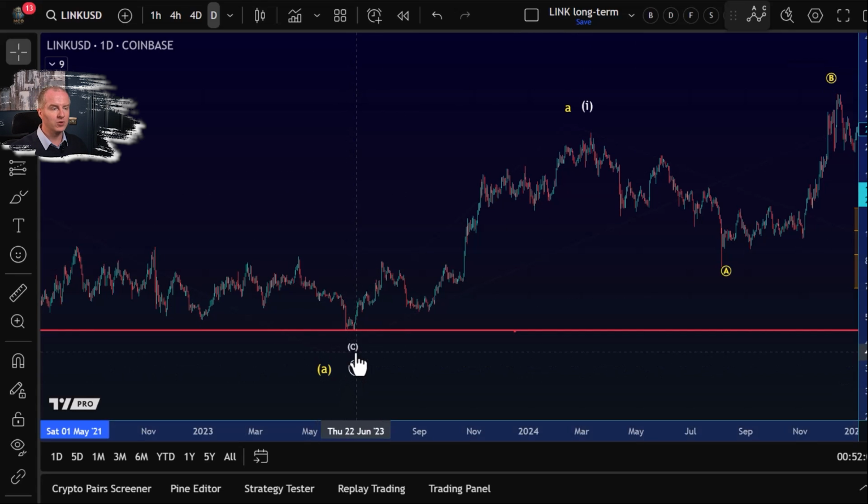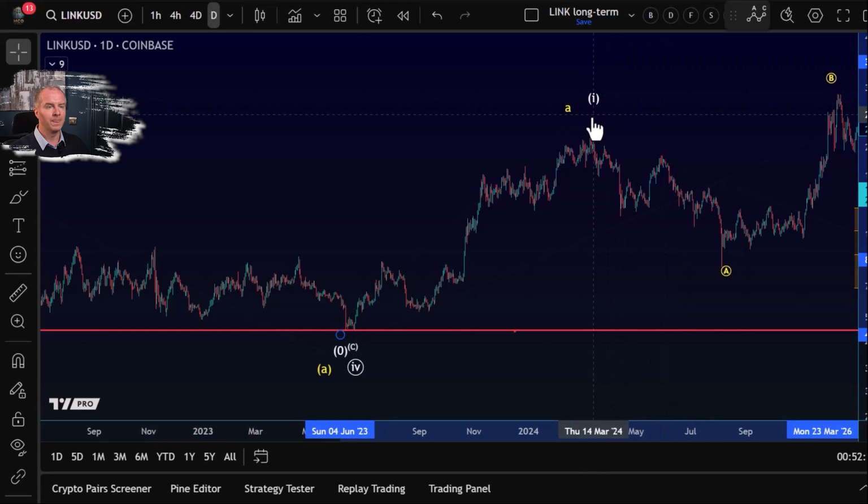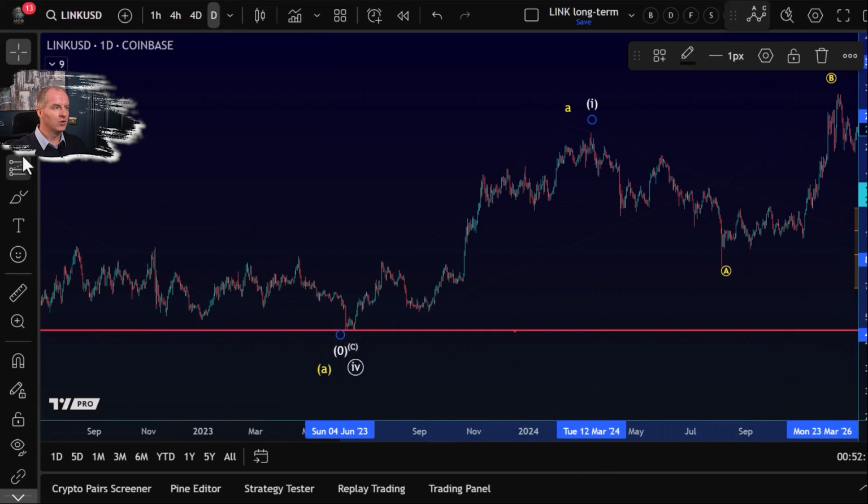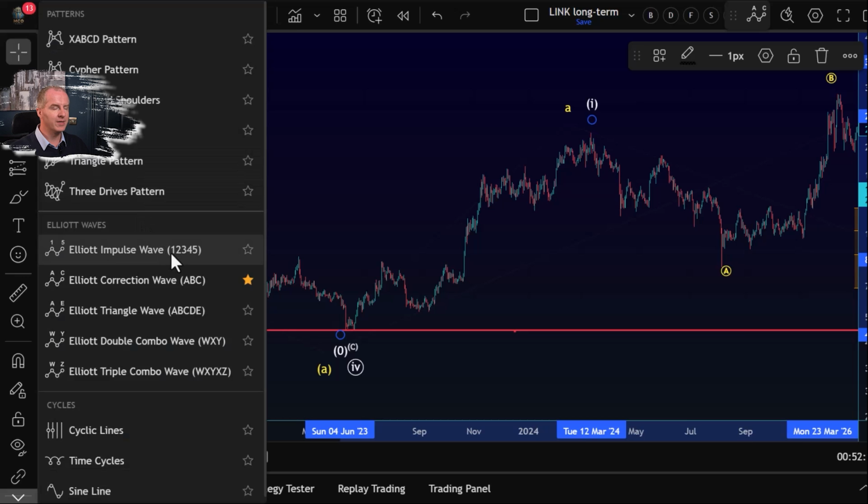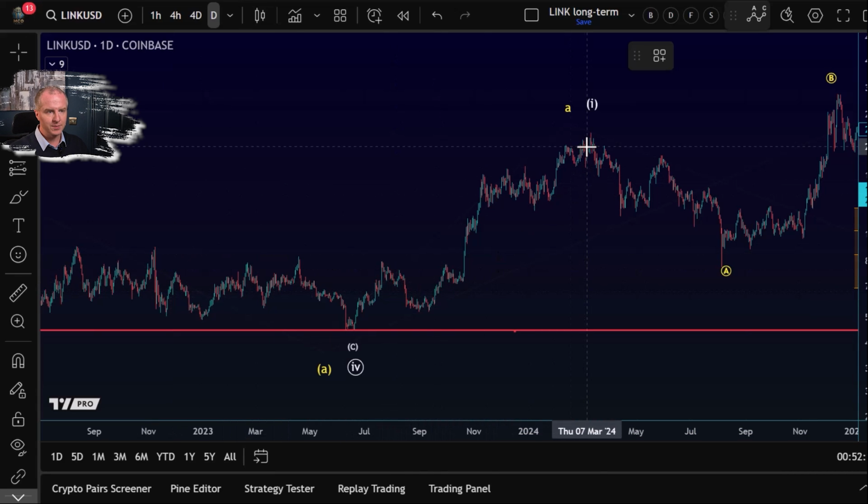Now, I just thought we use this pattern to talk a little bit about, first of all, how it can be labeled, and then how in the process we can use Fibonacci retracements and extensions to calculate targets. So we'll first of all take a look at the structure itself. It is a 5-wave move to the upside.